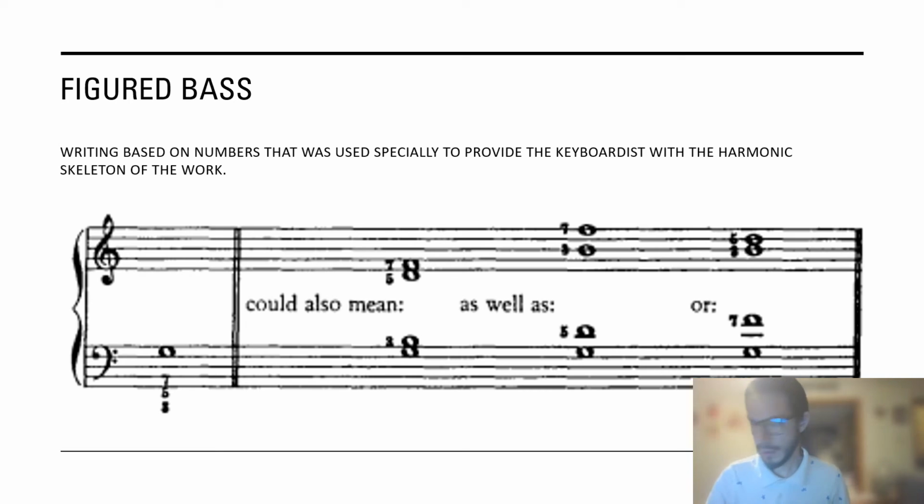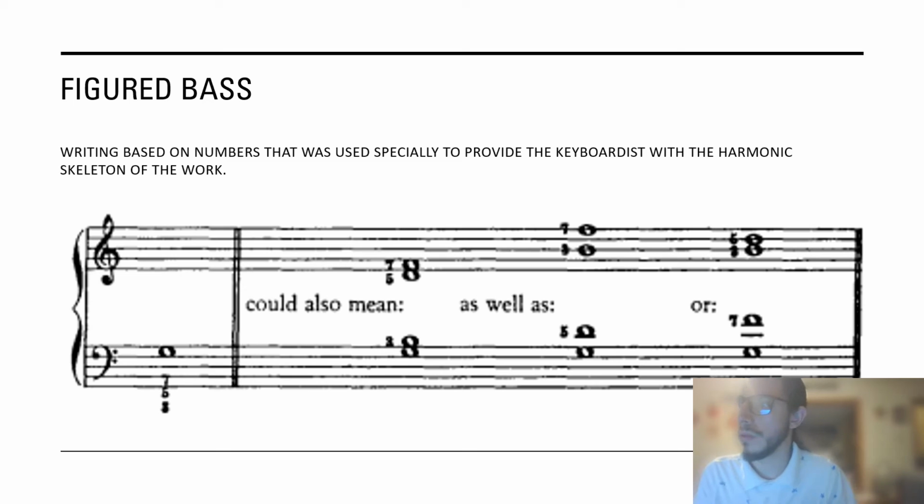Now let's talk about the figured bass. This is a method which was used especially in the Baroque period and was a kind of writing based on numbers that was used especially to provide the keyboardist with a harmonic skeleton of the work.